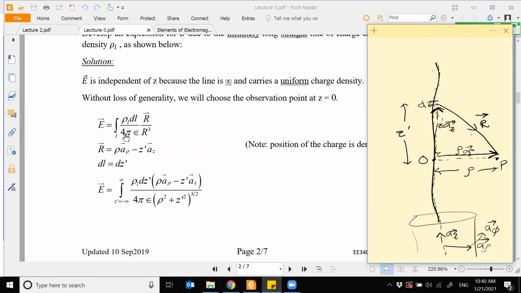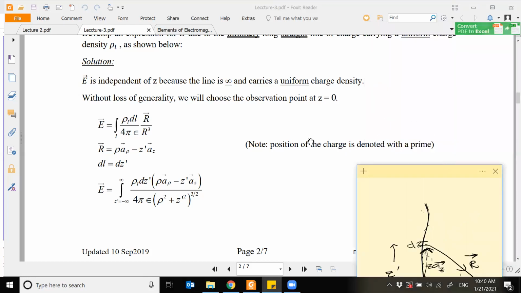Okay, so this is how I can find this distance vector, and this answers Taha's question, because now your R becomes a variable, because as dz changes, your R should change. Therefore your R has now become a function of the spatial coordinates. And also remember one thing, in Sadiku book we always represent the position of any charge with a prime.